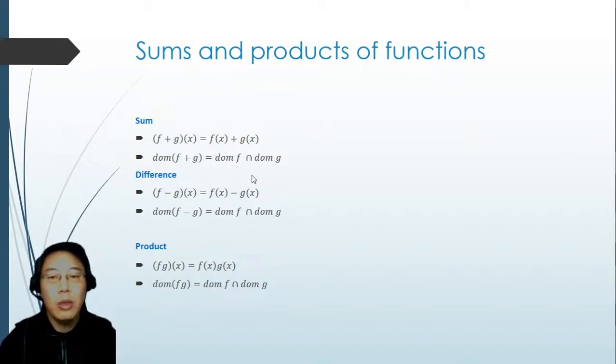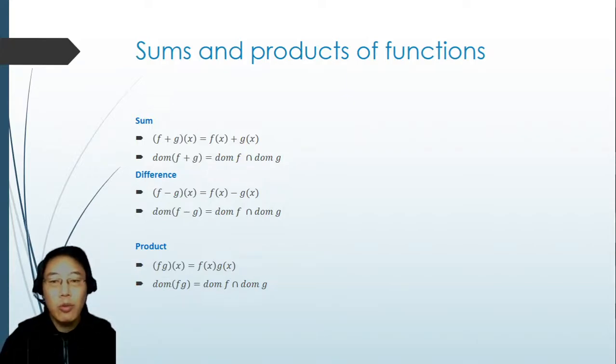So very important. For example, let's say I have a linear function f of x equals x, the domain is R, and for g, I make it a restrictive domain, so a function like square root of x. The domain for g will be 0 to positive infinity. If I do the intersection of the domains, it will be just the domain of g, which is 0 to positive infinity.